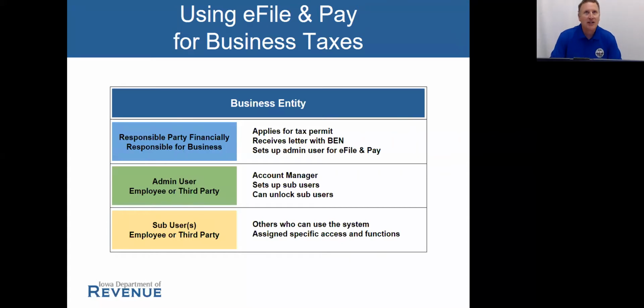This is basically for eFile and pay. This is the account manager. They have access to everything, all of the functions in eFile and pay. The administrative user can set up sub-users and give them various permissions. We're going to talk about that in just a little while. And they can also unlock any sub-users who happen to get locked out for some reason.